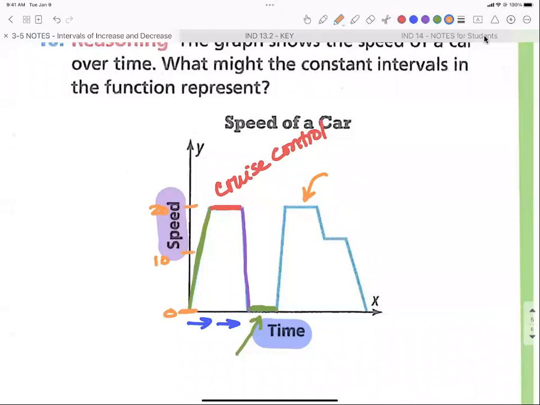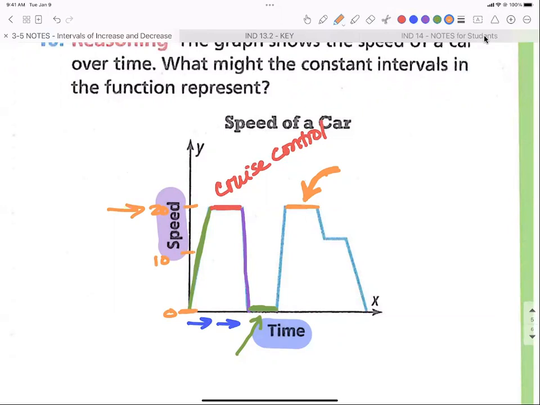Sometimes it helps you see it, just to pencil in a number to give you a visual. Would this one up here be using cruise control or stopping? Yeah, because they're going at, as an example, 20 miles an hour, cruising along at the same speed, but it's not at 0 speed. So in a speed graph, a flat spot can mean stopped, or it can mean using cruise control.